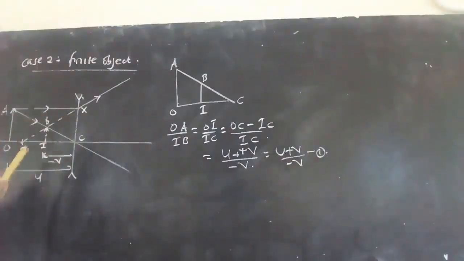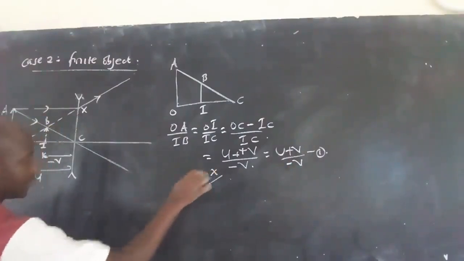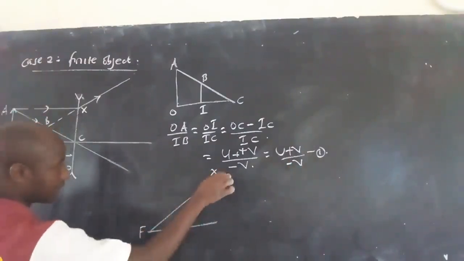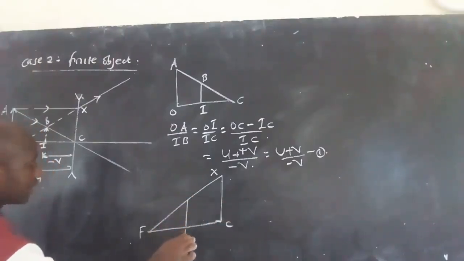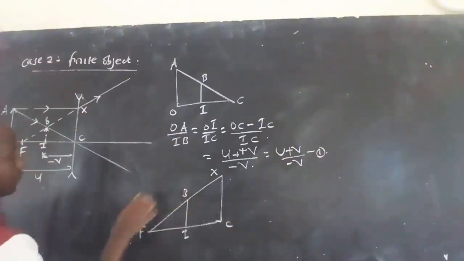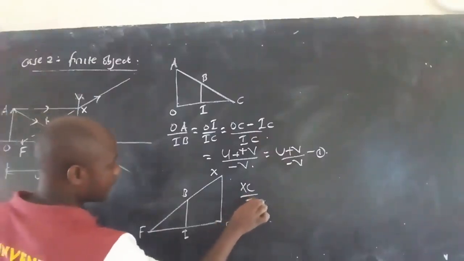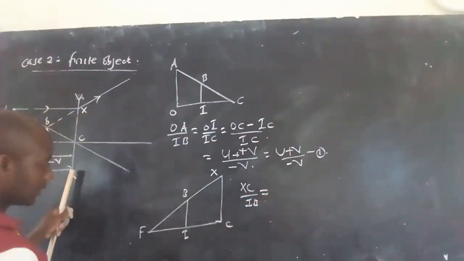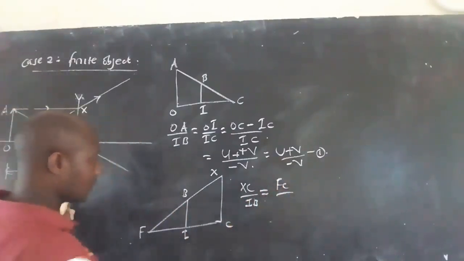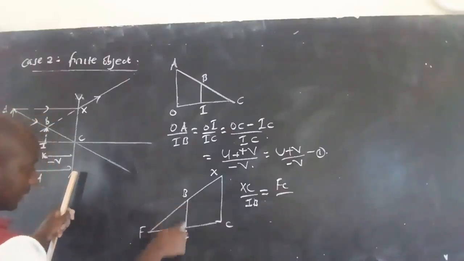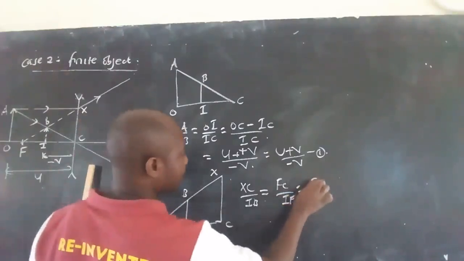Then this is equation 1. Then also consider XF. This is F. So it's like this. This is C. Then this is F. This is I. Okay, this is B. So we say that XC over IB will give us FC over IF.